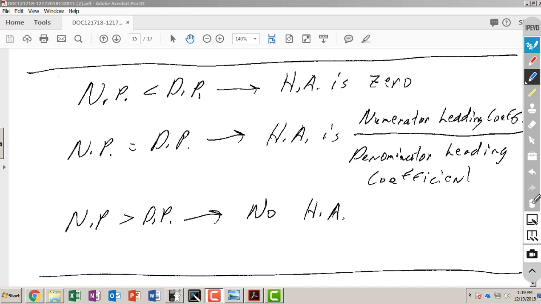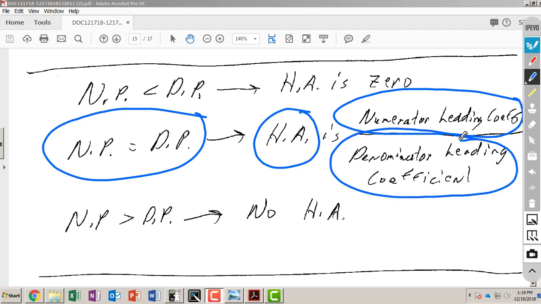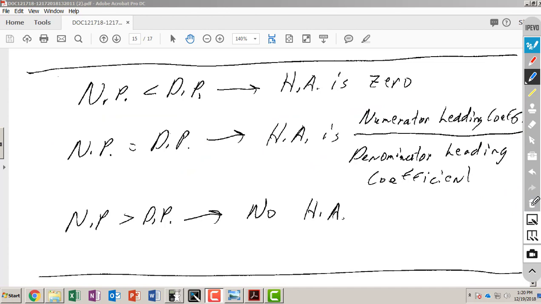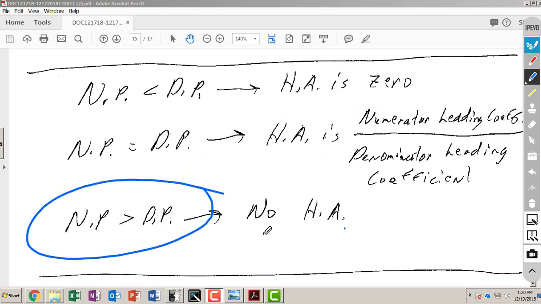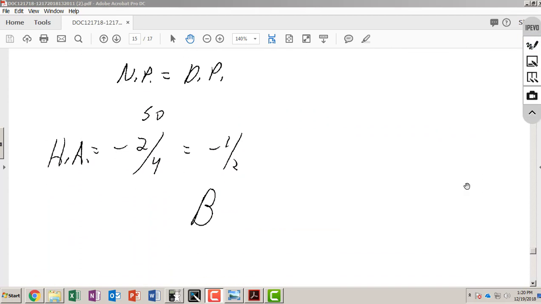My second rule is that if the numerator power equals the denominator power, then my horizontal asymptote is the numerator leading coefficient divided by the denominator leading coefficient. And my third rule states if the numerator power is greater than the denominator power, then there is no horizontal asymptote. So those are my 3 rules that I need to follow when finding horizontal asymptotes.